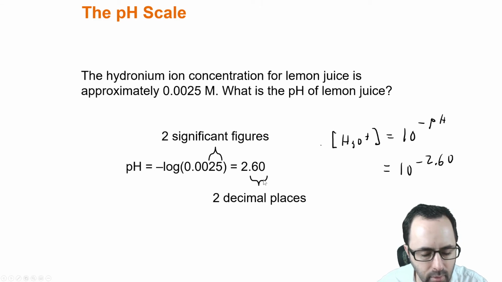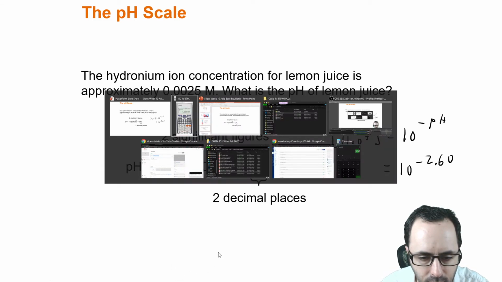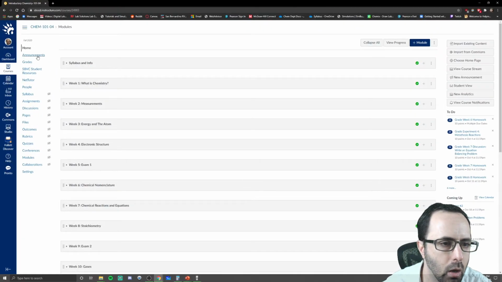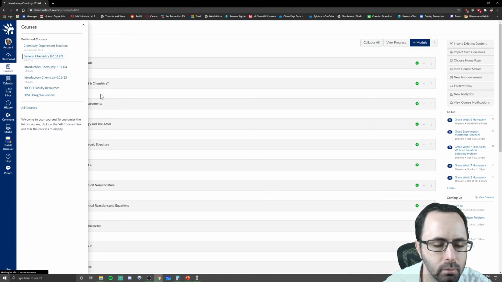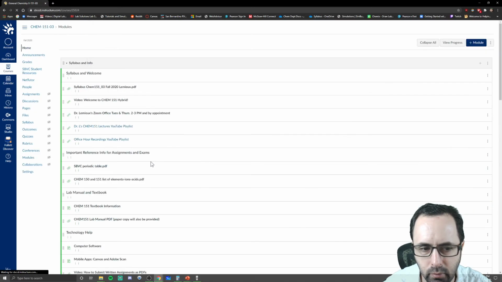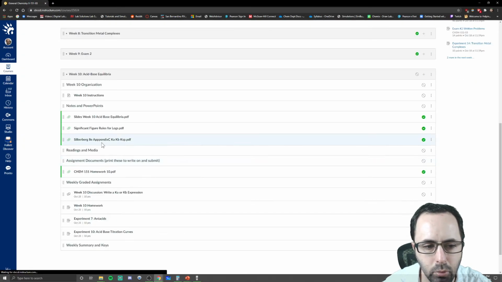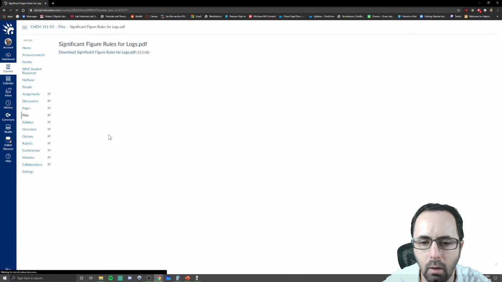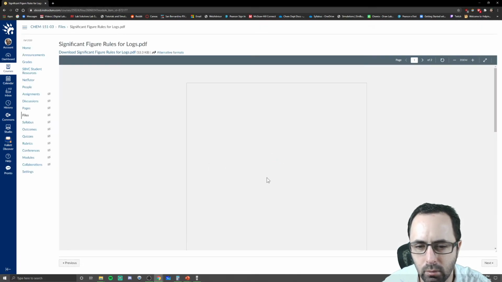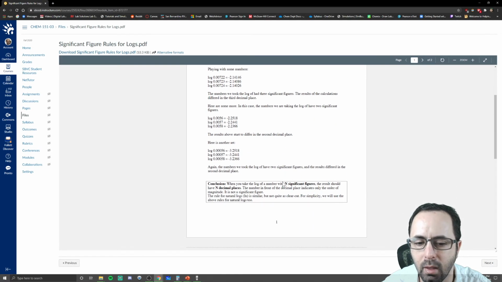I did give you a summary explanation of this on Canvas, and it includes several examples for why this is. It gives you the rules. When you take the log of a number with n significant figures, the result should have n decimal places.